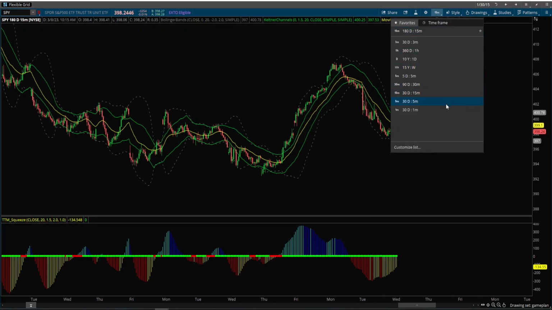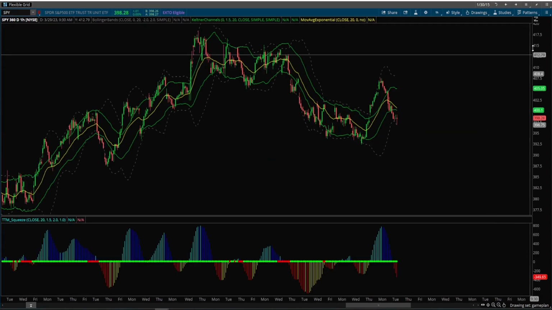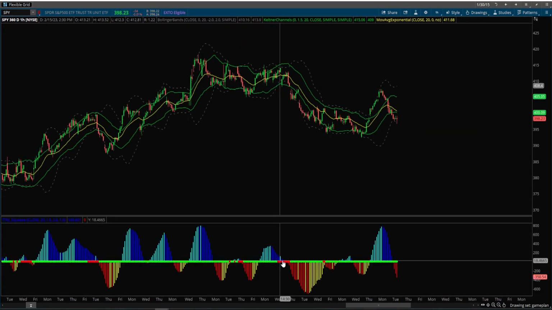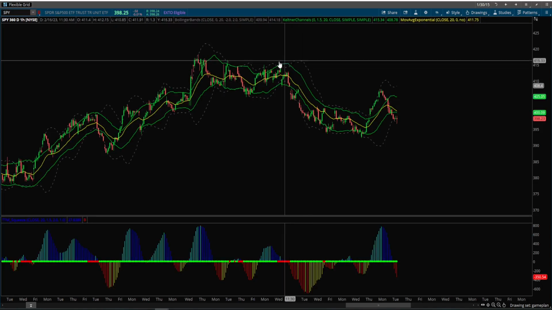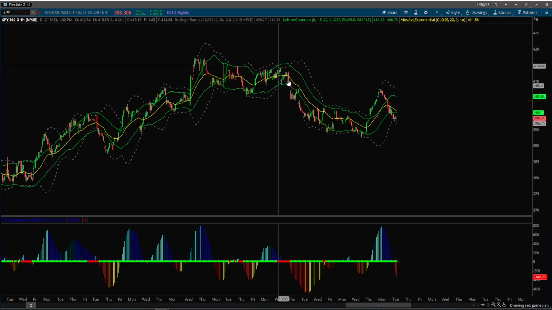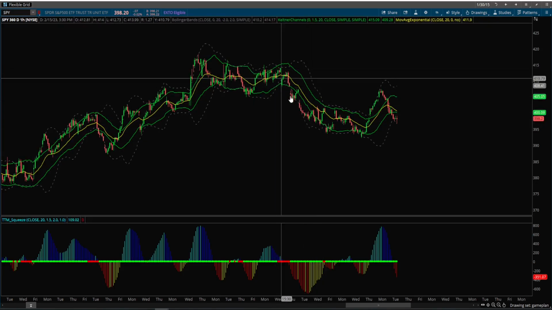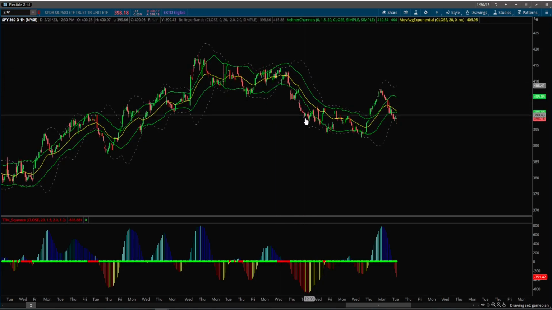We can also zoom out more. Let's look at the 1 hour chart. Here we have this squeeze with downward momentum. You can see this really tight squeeze, which led to this volatility event, which caused the price to extend to the downside and for these Bollinger Bands to return outside of that Keltner channel.